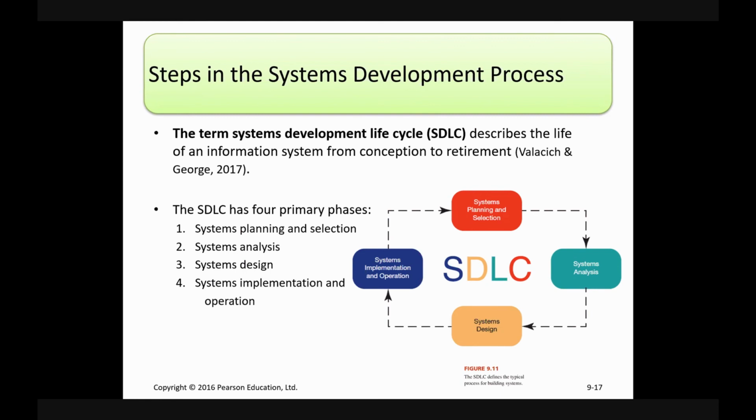Is that clear? So this is called the system development life cycle. Nowadays we have hundreds and thousands of different variations of process models available. I don't know, you have heard the names of different process models like waterfall model, spiral model, prototyping model, object-oriented model, incremental model, V model. So there are many models available.